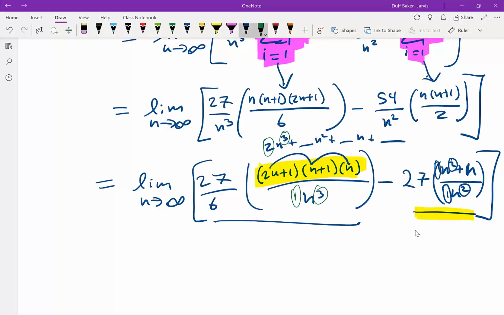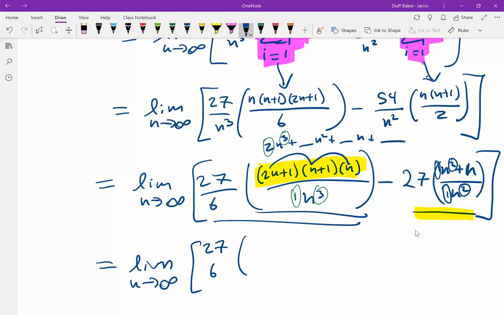Okay, so putting that all together, what we can say is that we'll take the limit of 27 over 6. The limit of this bit is just 2 over 1. Then we have our, sorry, we're doing the limit, so we don't need the limit anymore.